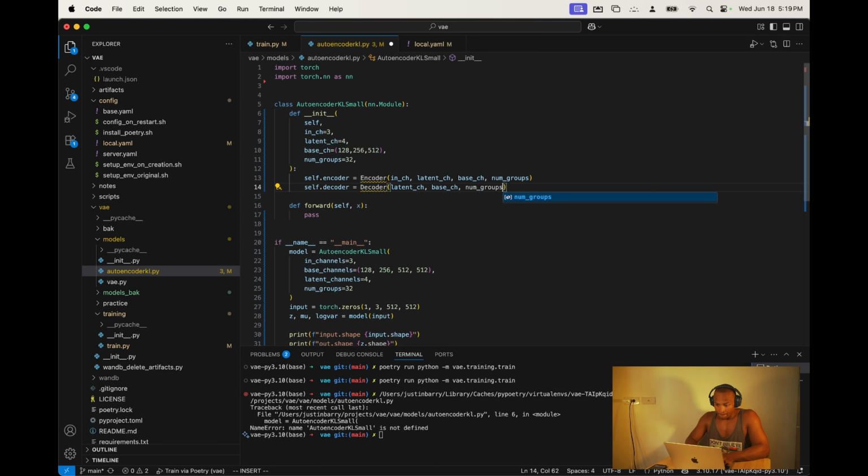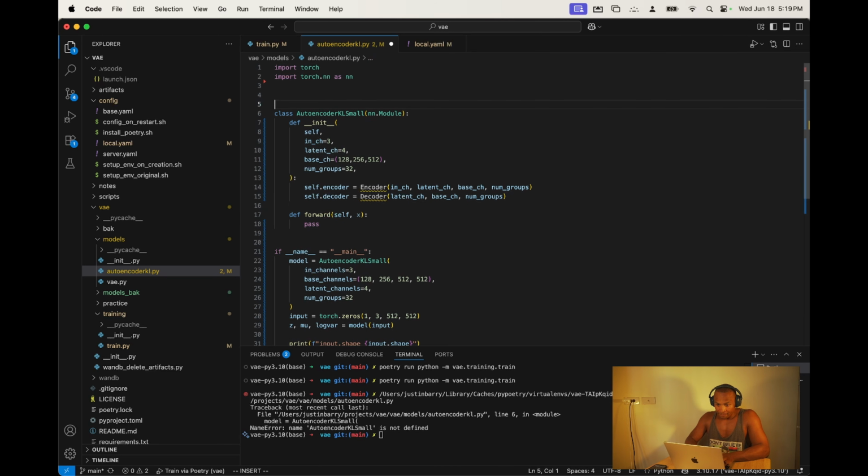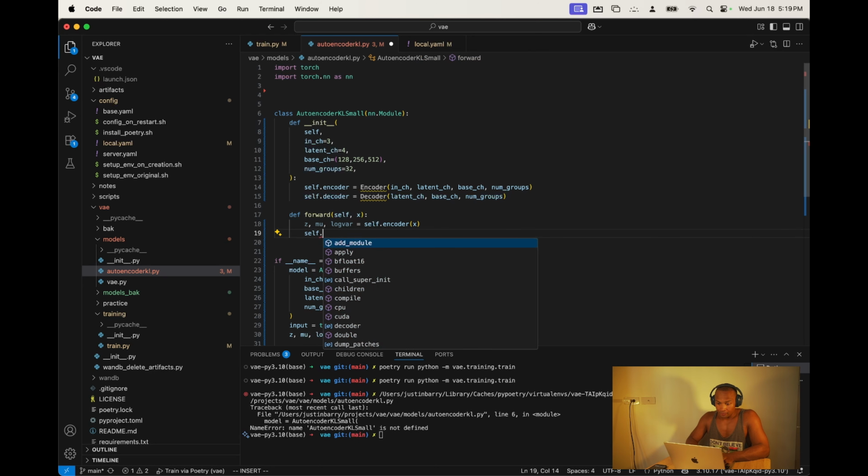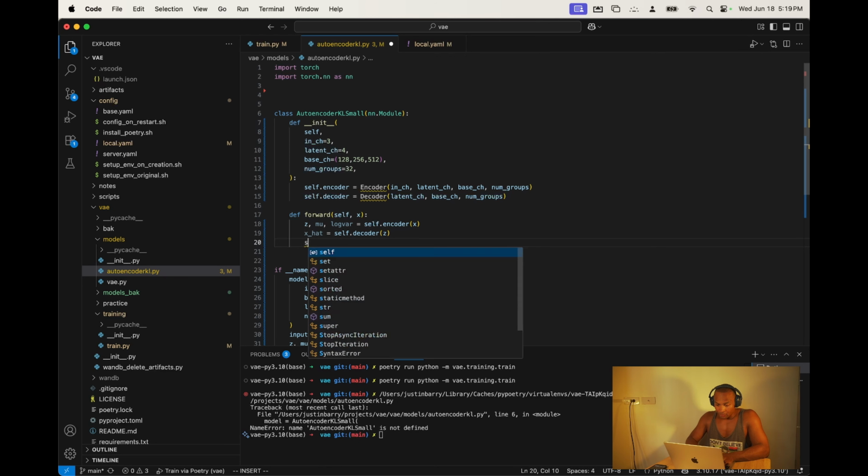Then the forward is basically going to do this: your encoder is going to take an X and output your Z, your mu, and your log variance. And then the decoder is going to output X hat. Then we're going to send X hat through a sigmoid activation function.